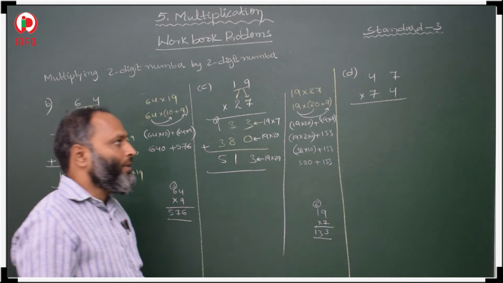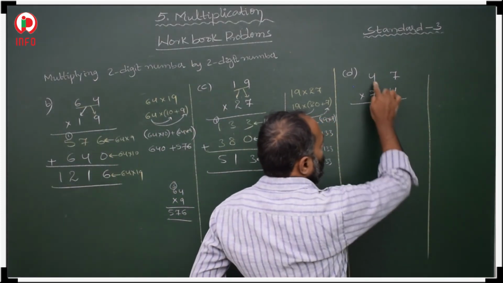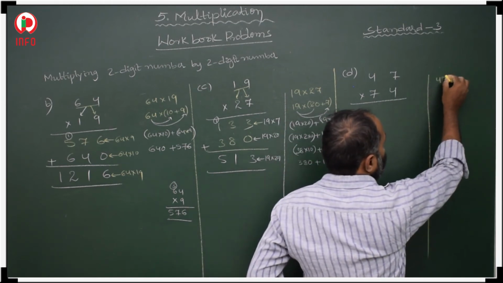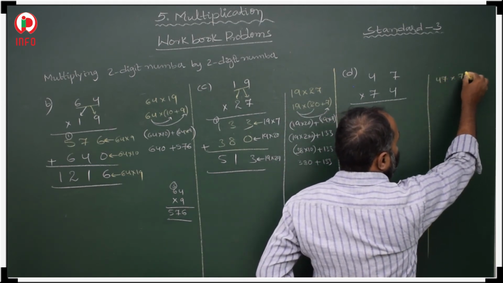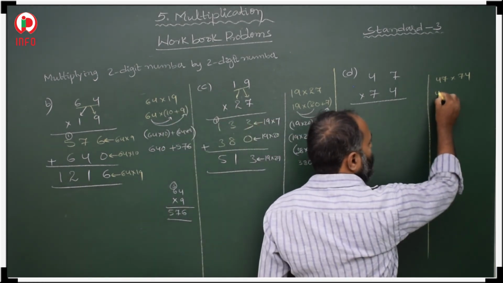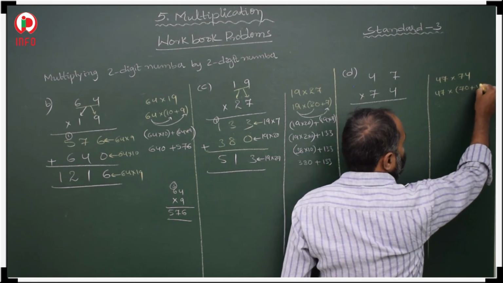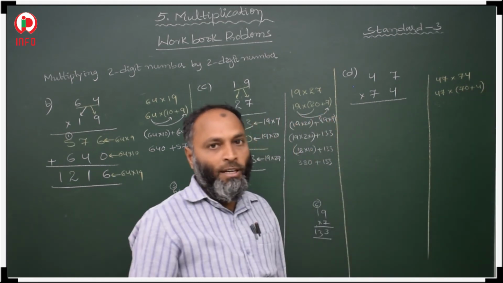Now in the same way the third one, 47 into 74. How to write 74? 74 means 70 plus 4, 70 ones and 4 ones.